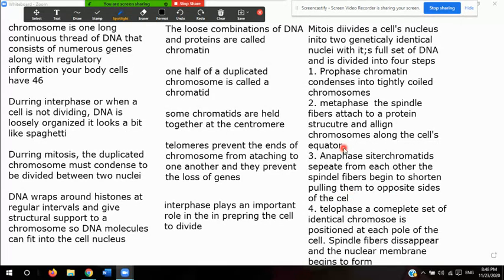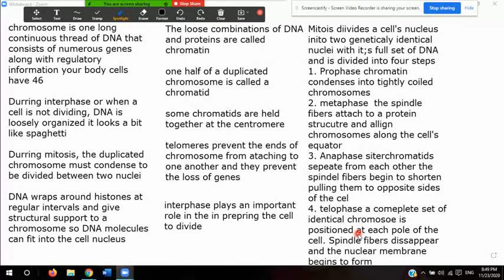So in metaphase, the spindle fibers attach to the protein and align the chromosomes along the center. In anaphase, the spindle fibers begin to pull away, and that causes the chromosomes to go to opposite sides of the cell.